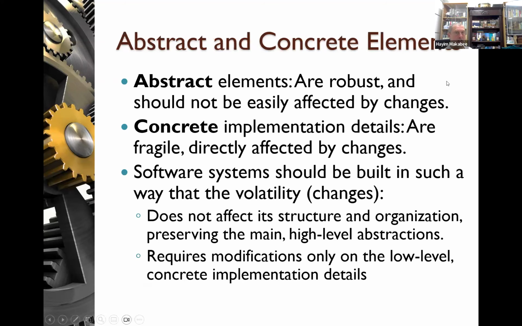Okay, so the abstract elements, they are robust. They should not be easily affected by changes. So if you did a good job creating your abstractions, they should be very resilient. And the concrete implementation details, they are fragile. So if you change the requirements, you have to change the implementation details.